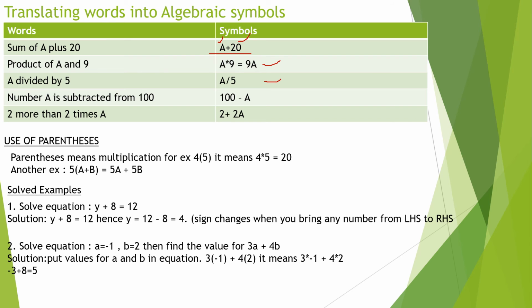Number A is subtracted from 100. From 100 we want to subtract A, so it will be 100 minus A. Then, 2 more than 2 times A. What does it mean? 2 times A means 2A, and 2 more than means we want to add 2 to 2A.